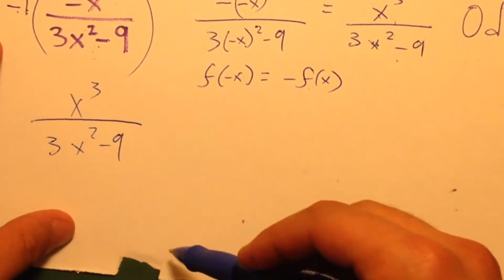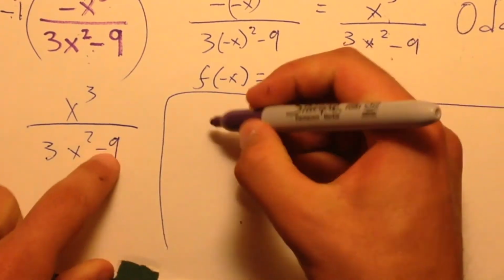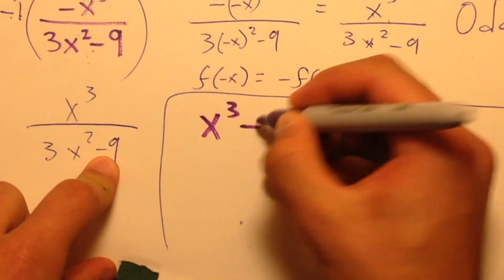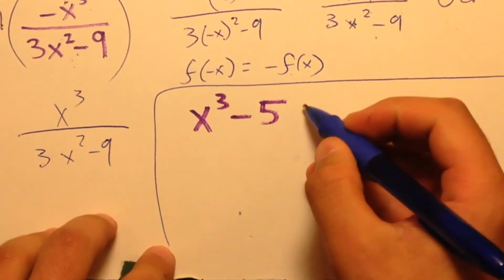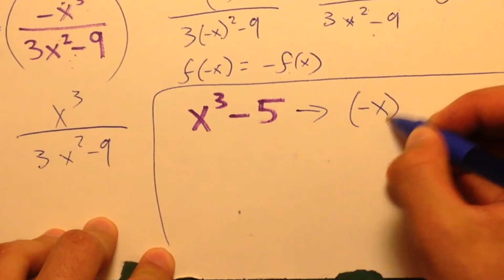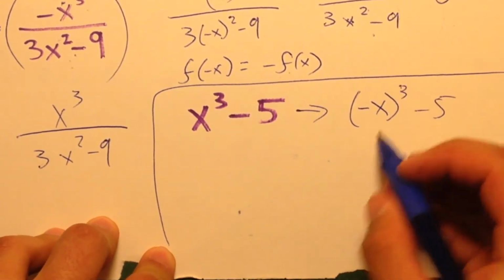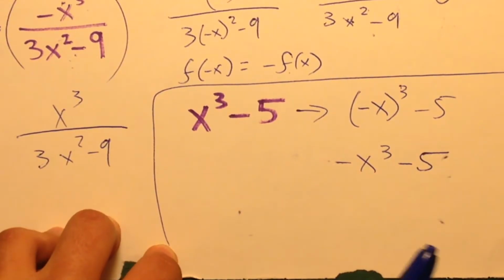A different problem would be if f of x was equal to x cubed minus 5. Here, f of negative x is going to be negative x cubed minus 5. Negative x cubed is negative x cubed, and then we have minus 5 right here.